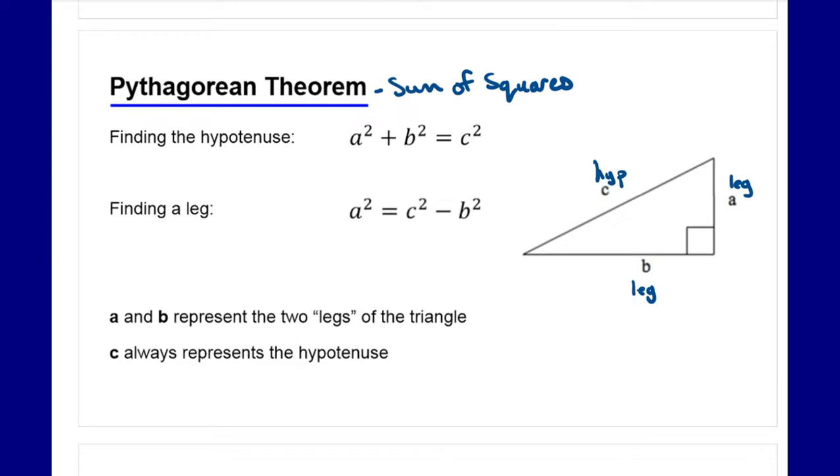When we're trying to find the hypotenuse, a squared plus b squared equals c squared. When we're finding a leg, it's a squared equals c squared minus b squared. Now the a and the b can be interchangeable. It doesn't really matter which one's which. The main thing is that c is the hypotenuse. So again, a and b represent the legs, and c always represents the hypotenuse in this formula.